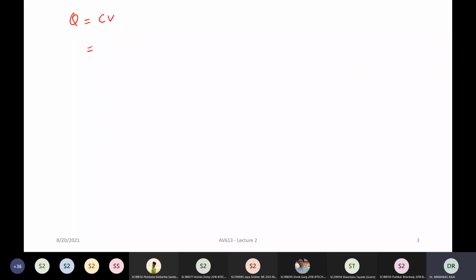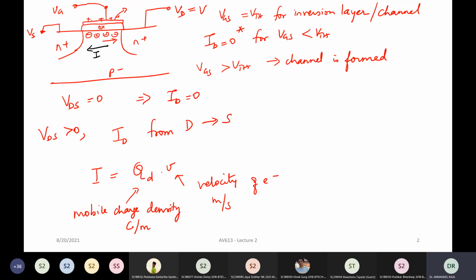Now, what is the effective capacitance? The capacitance can be written as W times Cox, where Cox is the capacitance per unit area, and W is the width of the MOSFET. The width is the dimension of the MOSFET which goes into the plane of your screen, since we are looking at the cross-sectional view.